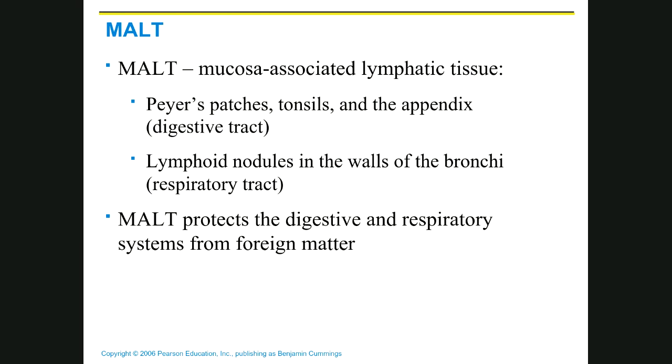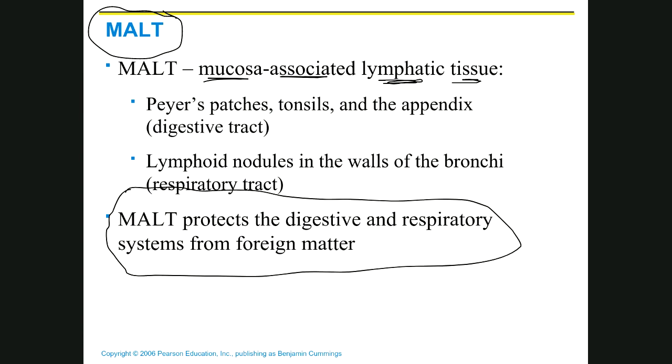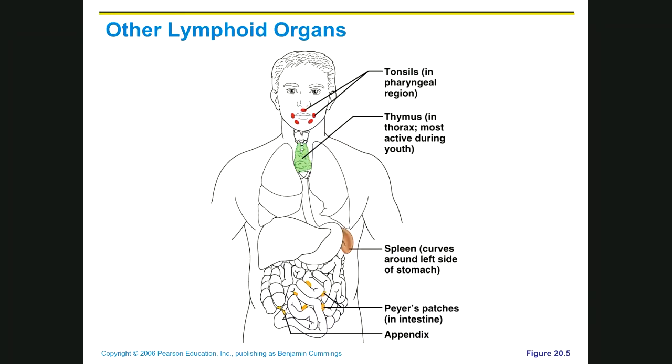Well, since they're all basically the same, we usually talk about them sort of lumped together. And they're lumped together in what's called MALT. MALT is an acronym. It stands for mucosa associated lymphoid or lymphatic tissue. And so MALT is all about protecting the digestive system, the respiratory system, and so on. And so it includes a bunch of these things.